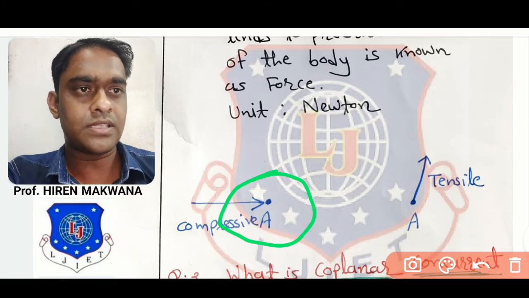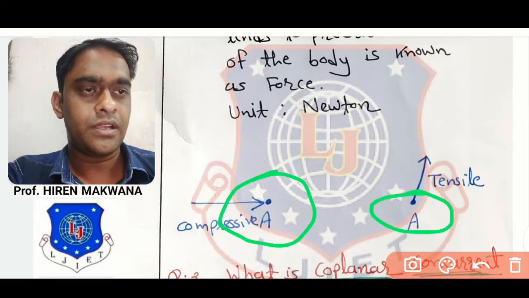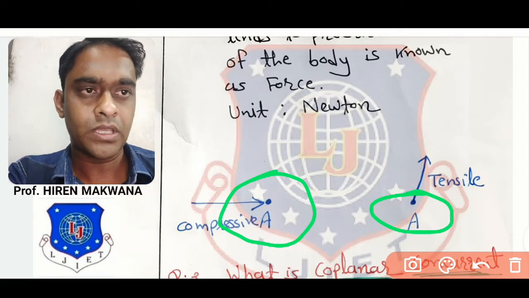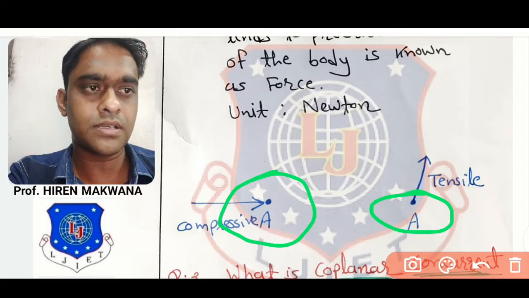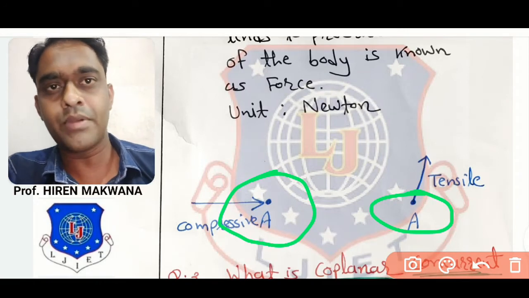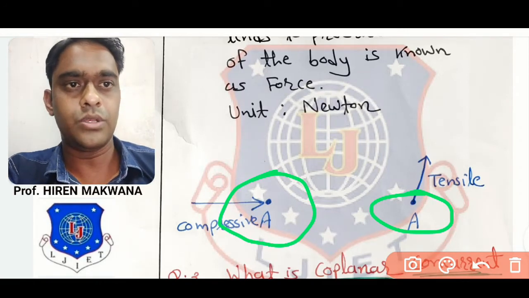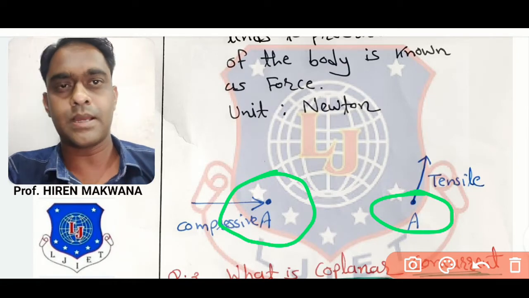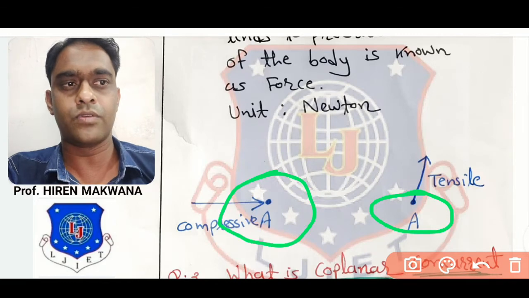While at point A, tensile force is acting, meaning force is outwards from point A. This type of force is known as tensile force. Okay, so this is the fundamental of force. Newton is the unit of force, and there are two types of forces: compressive force and tensile force.